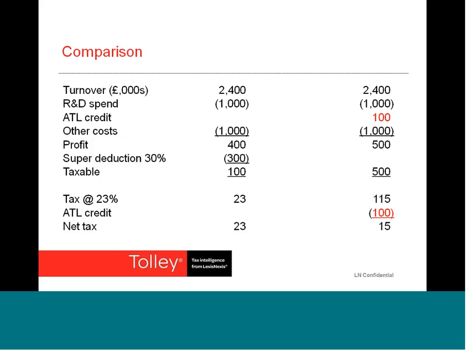That's what we tax at 23%, but then the above the line income becomes a credit off the tax that we've worked out as due. So 100,000 comes off our 115,000 of tax, giving us net tax payable of £15,000. So you can see that in this comparison here, we're much better off using the new method.